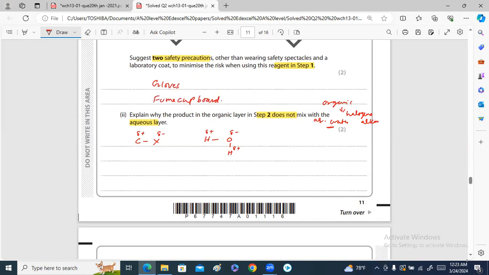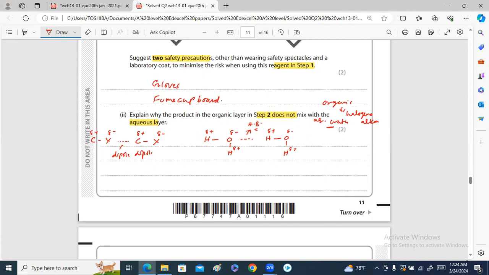each other through dipole-dipole forces. I mean, this is a dipole, and if we make another halogenoalkane, these halogenoalkanes are attracted by dipole-dipole forces, and the water molecules by hydrogen bonding. Hydrogen bonding is a comparatively stronger intermolecular force than dipole-dipole forces, or we can also say van der Waals forces.